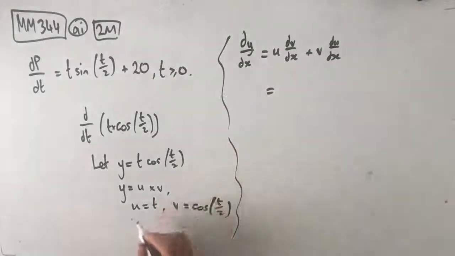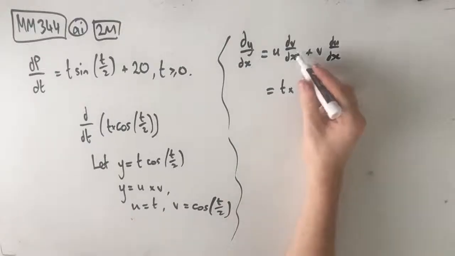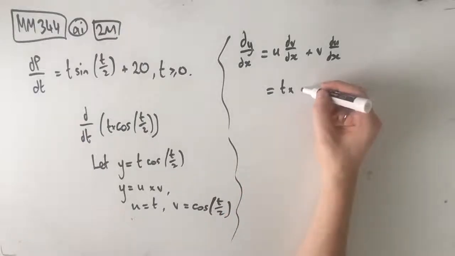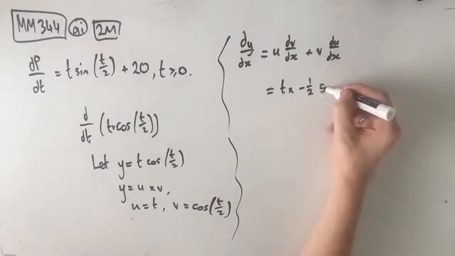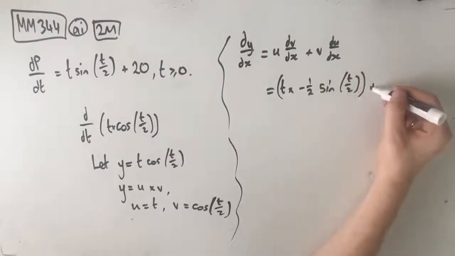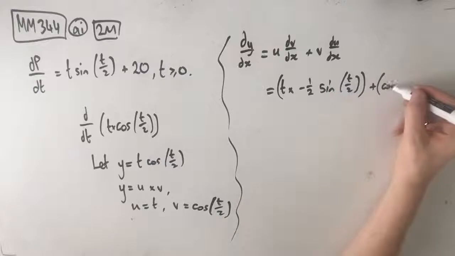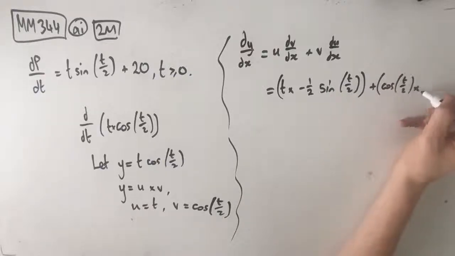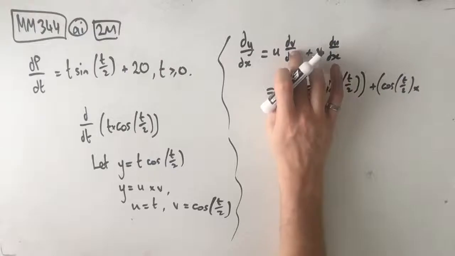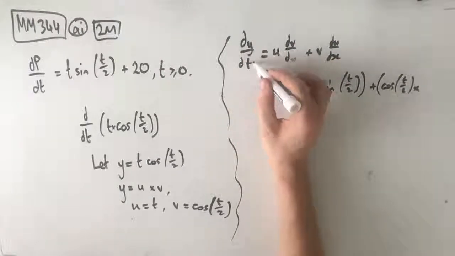And then from here we can say that our u is t, so t times the derivative of cos t on 2, which is negative 1 on 2 sine t on 2, plus v, which is cos t on 2, multiplied by du dt, my bad, that should be dy dt.